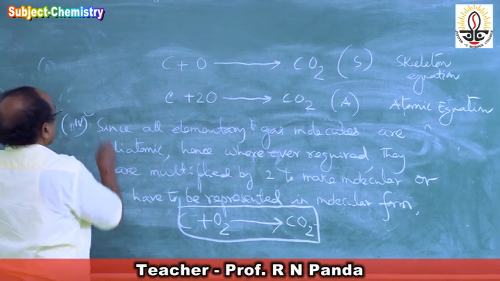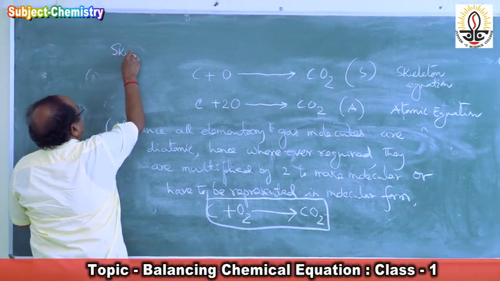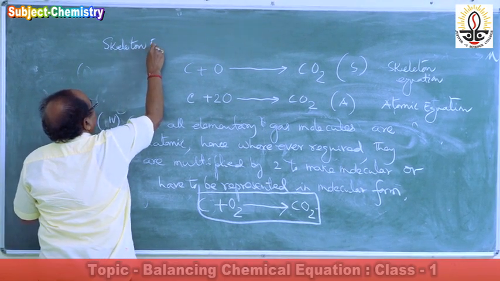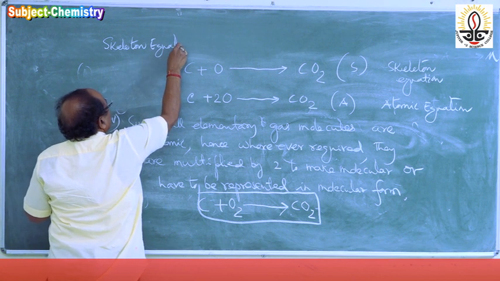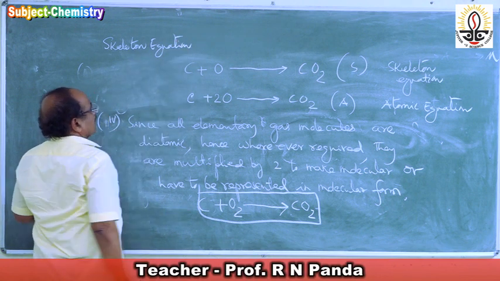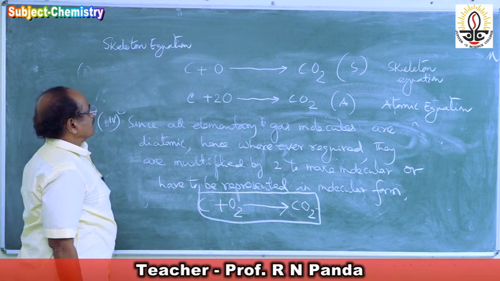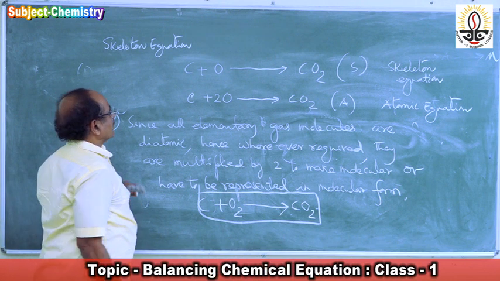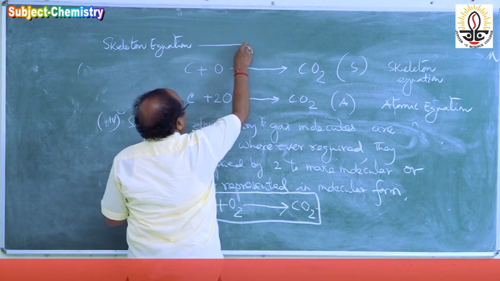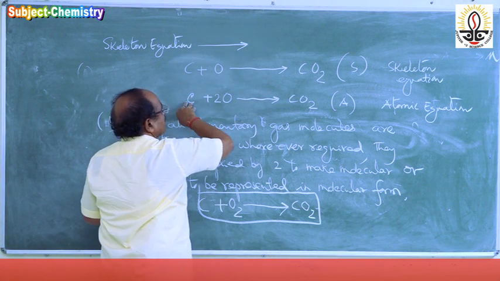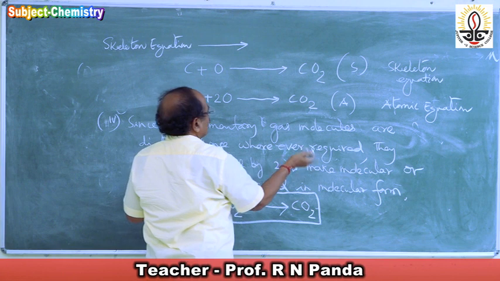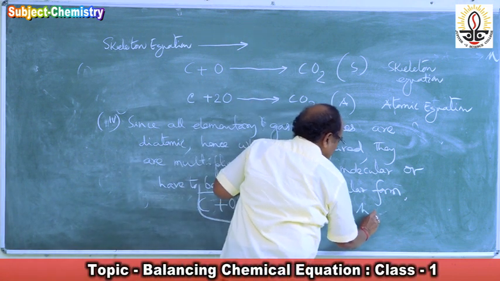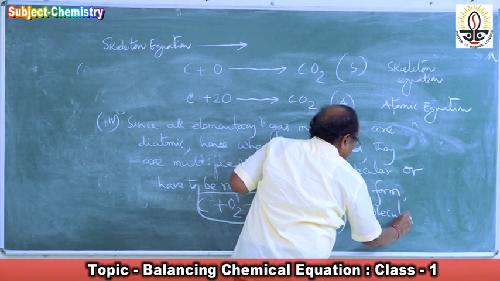So first we write the skeleton equation. How? By writing the reactants and products by their chemical symbols and formulae. Then we make the number of atoms of reactant equal to the number of atoms of product. So this is M, which means molecular equation.